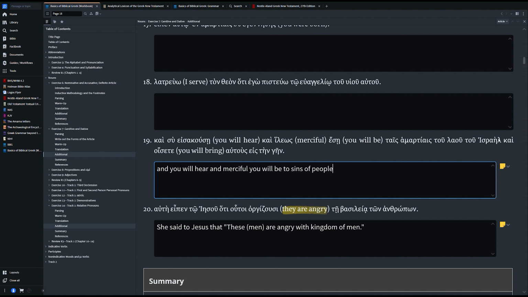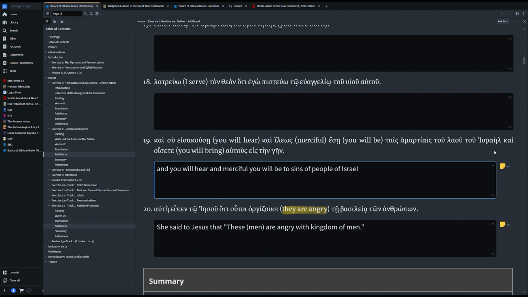So we're not going to see a case ending attached to it. That is why we have the article here. The article does not lie. It is telling us that Israel is a genitive singular. We translate genitives with of, and we're going to write of Israel. So far that makes sense. Of people of Israel.